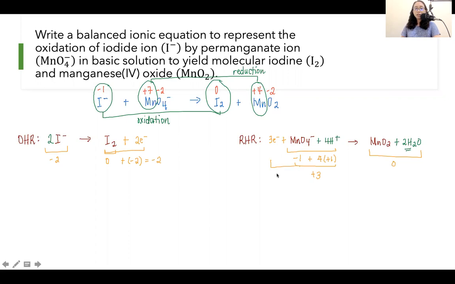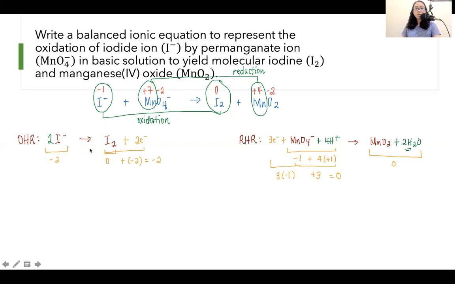And these 3 electrons will now cancel out the +3 charge, giving a total charge of 0, which is the same as the total charge of the product side. After balancing the charges, we balance the number of electrons.